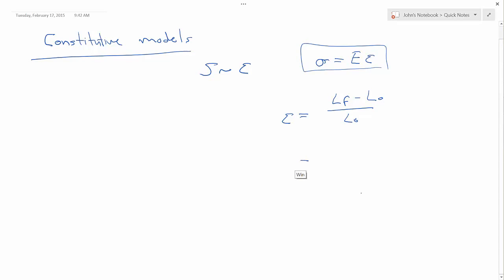Why couldn't I decide to normalize it by L final instead, the change in length over L final? Would that be a valid definition of strain? Why not?